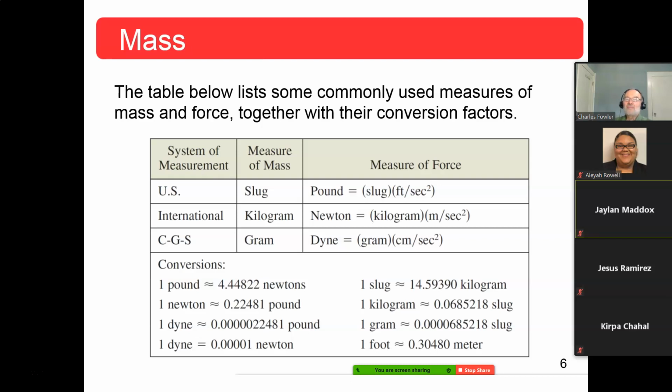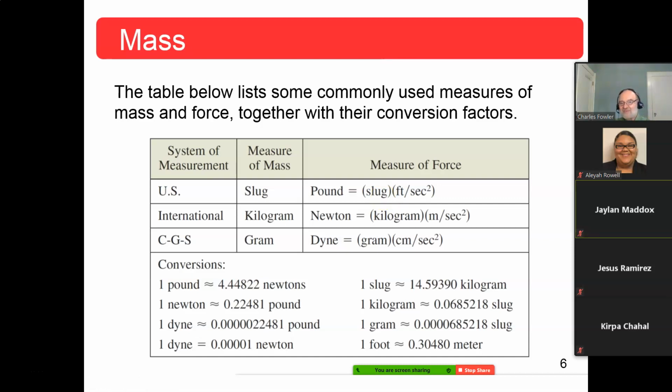Okay, there's not even an abbreviation for it. If you were trying to do it, you'd have to spell it out. Just like here, they spelled out slug foot per second squared. Notice they abbreviated feet, they abbreviated second. Pound would be lb. Slug, there is no abbreviation. No one uses it. They don't even bother with an abbreviation for it.